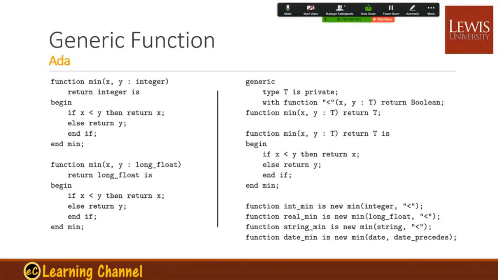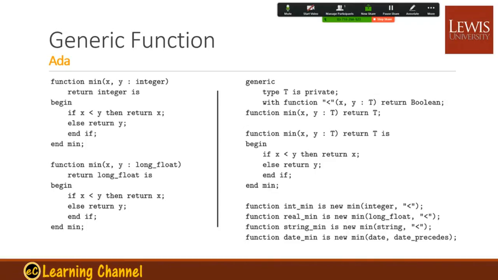On the right-hand side, we only have one function, but we declare the type T, and that T is generic. So you can actually put in different types into here to operate. So you can declare the function intMin as a new min of the integer type. And this min, we actually put it into right here for the type.